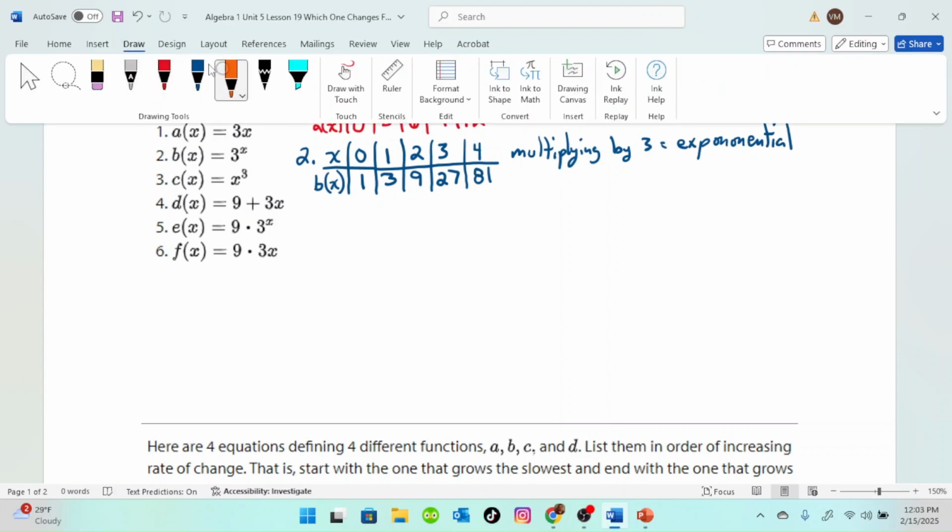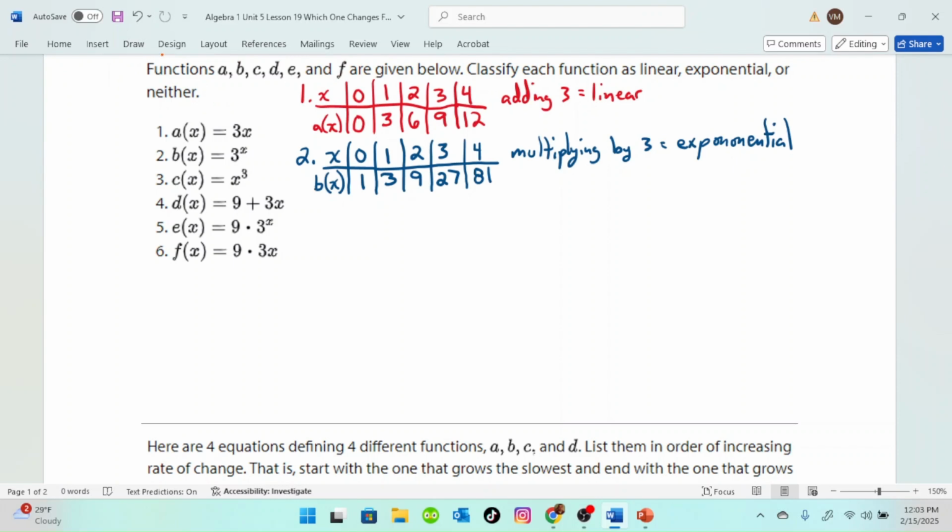Number 3. We have x for the input. We have c of x for the output. If x were 0, then 0 cubed is 0. If x were 1, then 1 cubed would be 1.